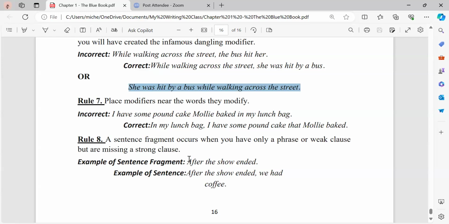Technically we have to sort of break the sentence apart right here. The first is one sentence that's not really clear, but in my lunch bag, I have some pound cake that Molly baked. So this is more specific. That's why for rule number 7, we should place the modifiers near the words they modify.